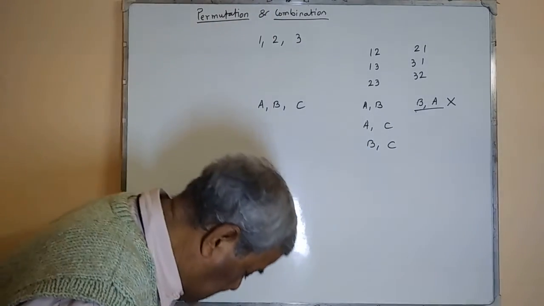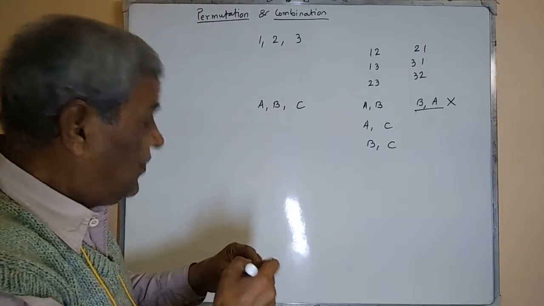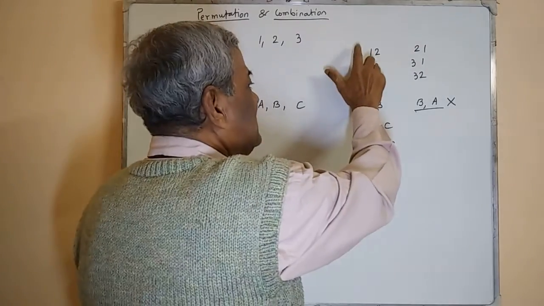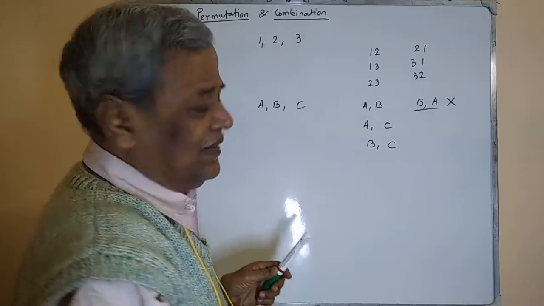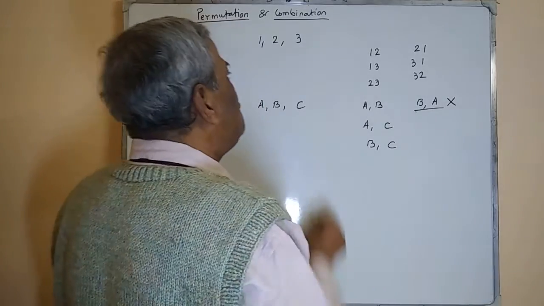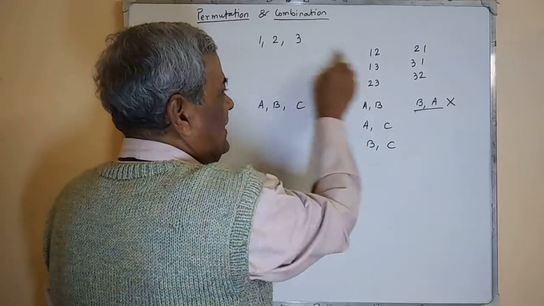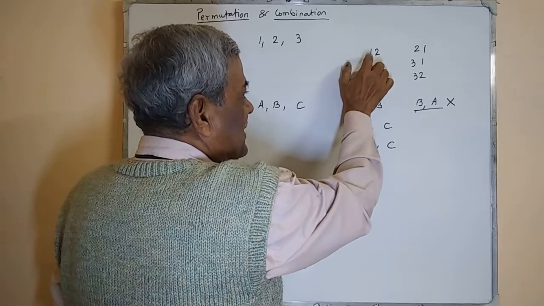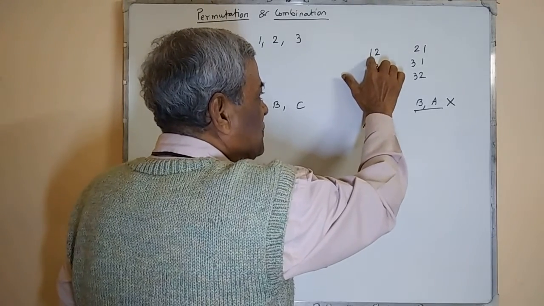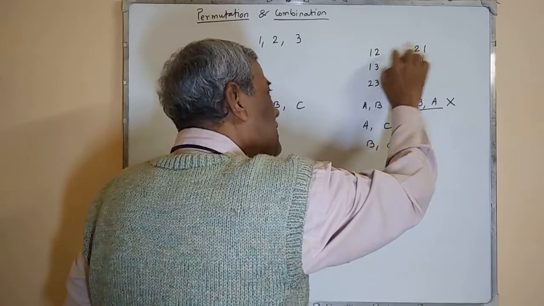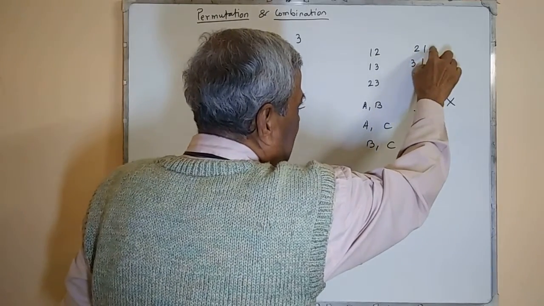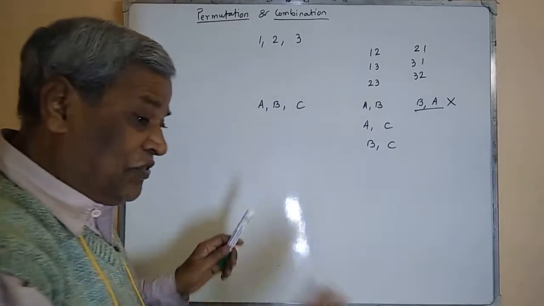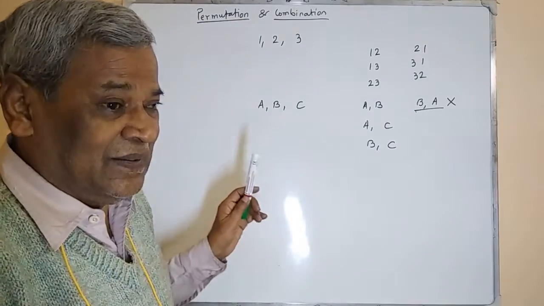The basic difference is that here, in the first case, the position is a factor, meaning in which position the object is given. In this one, 1 is given in the first position and 2 in the second position, and here 2 in the first position and 1 in the second position, a different answer is obtained.